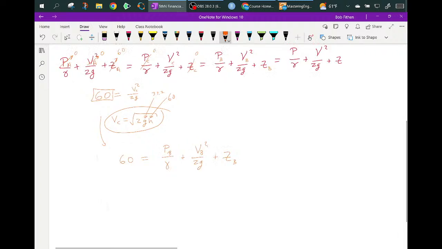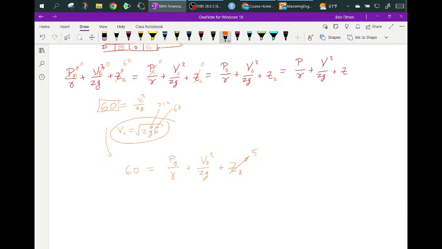So I would take that 52, take whatever that velocity is and put it right in here. And the pressure at B would be gamma times 60 minus 52, which would be 8.